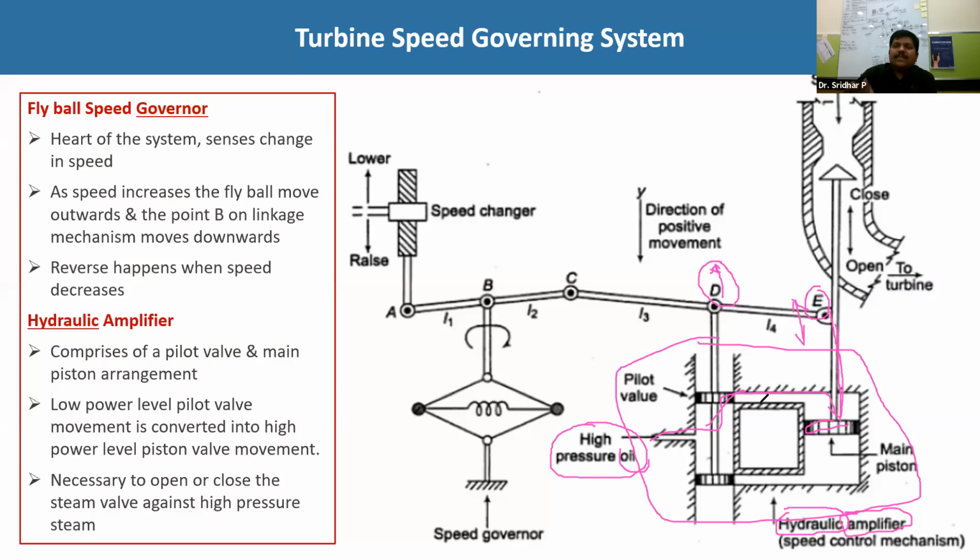So the signal is amplified, and this amplification is done because of this oil. That's why this is called a hydraulic amplifier. The first one is the fly ball speed governor, the second one is the hydraulic amplifier. These are the two major parts in the speed governing system.